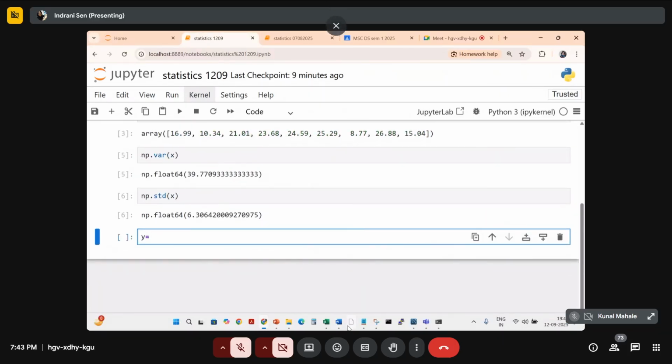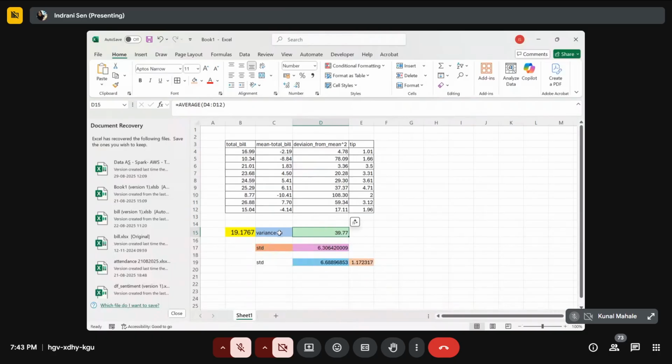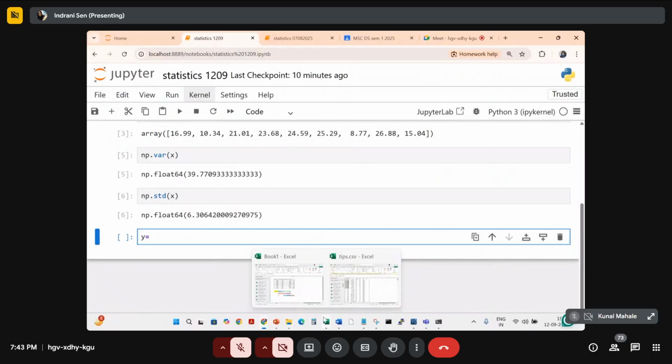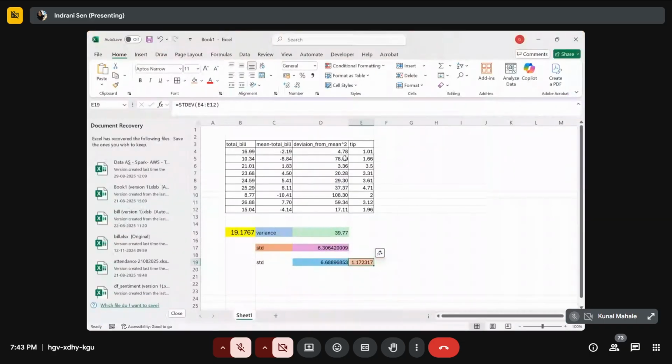Whenever we calculated it in Excel, the standard deviation of the bill showed 6.3, while the standard deviation of tip showed 1.17. Let's see what the actual picture is. So here, let me copy the values.